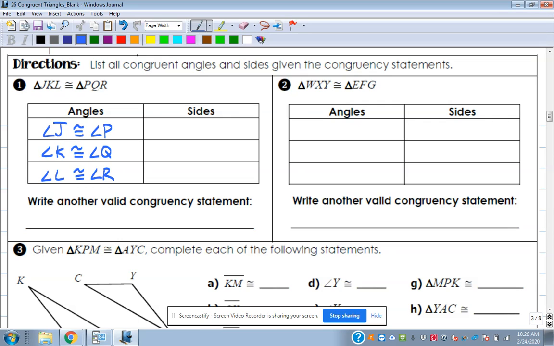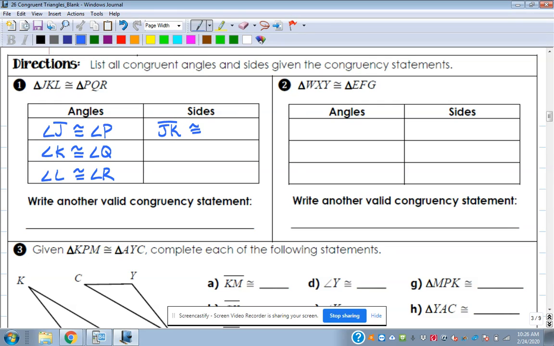The sides is where we can really get mixed up sometimes, especially with no picture involved. So PQR and JKL. I'm just going to start with the letters of JKL. JK is going to be congruent to, put the hat on it because it's a segment.